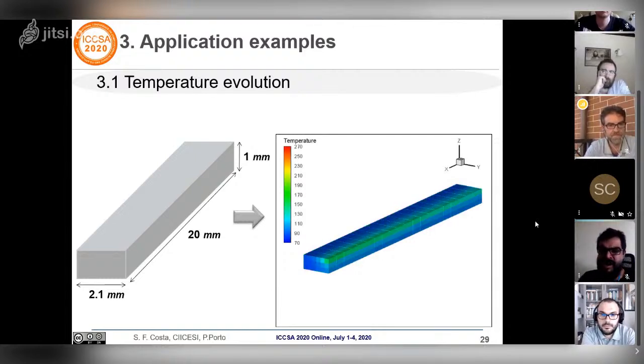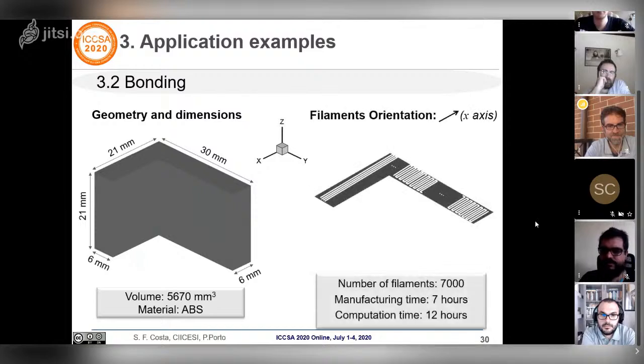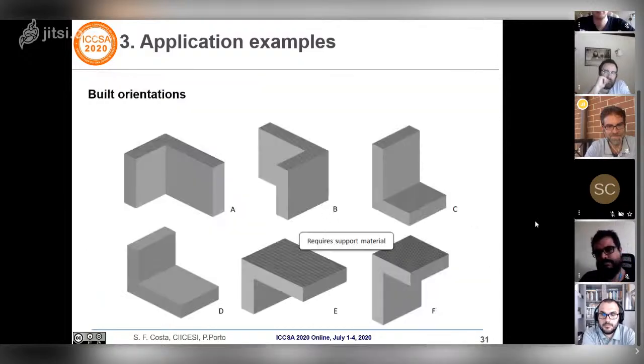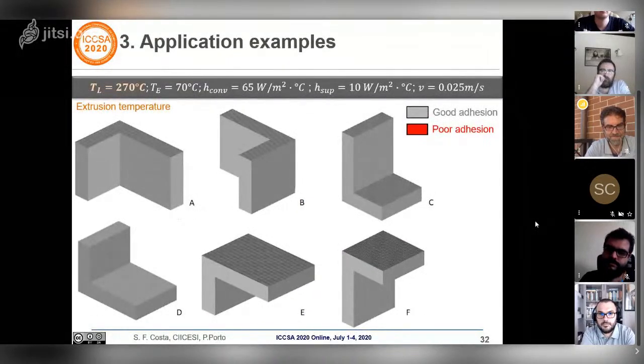It is also possible to obtain bonding results, for example, with this ABS part and this filaments orientation. We have 6 possible build orientations. So with the typical extrusion temperature of 270 degrees, all parts will have a good quality.